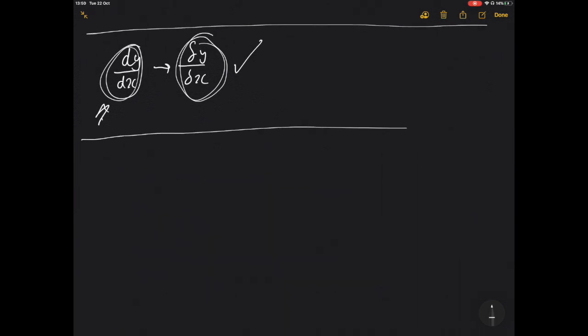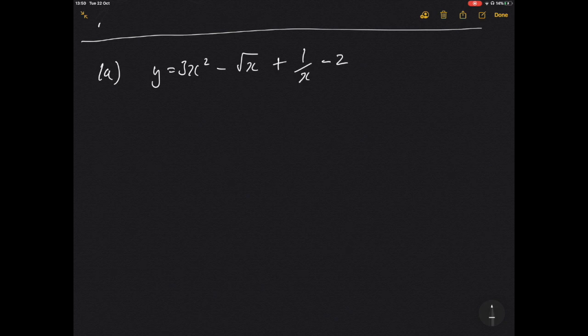Okay, so let's apply this to some real examples and show you a little bit more about differentiation. First of all, an exam style question. One of the quick questions might be: differentiate with respect to x, y equals 3x squared minus the square root of x plus 1 over x minus 2.